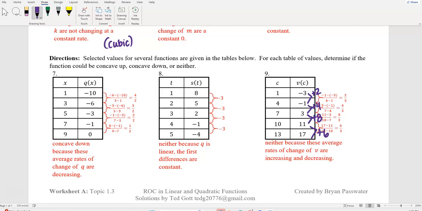So 2, 4, 8, those numbers are increasing, but then when you go down to 6, that number is decreasing. Or if you're looking at your second difference there, up 2, up 4, down 2. All of those second differences are not positive. Some are positive, some are negative. So you have some mixed concavity there.